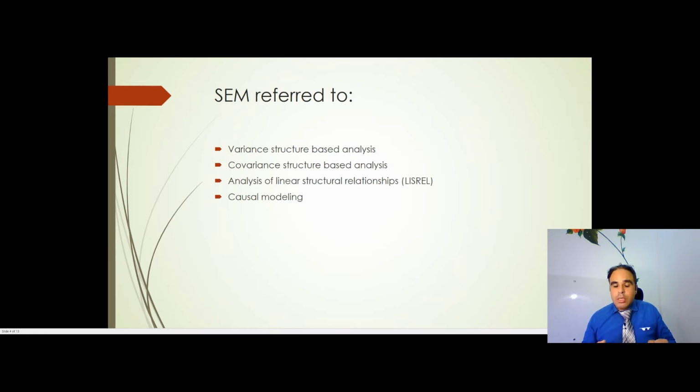However, AMOS, another famous software, is a covariance-based analysis software. It can be referred to as causal modeling, interlinking many relationships together, or analysis of linear structural relationships, such as LISREL, which is as well one main software used for structural equation modeling.